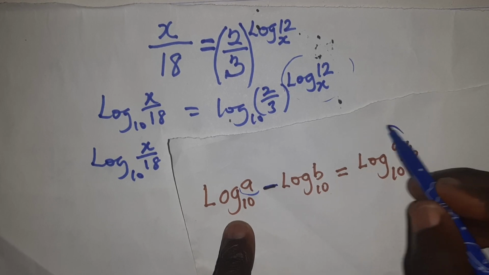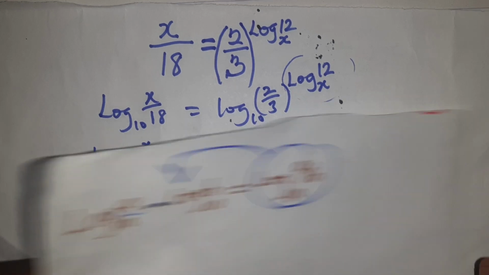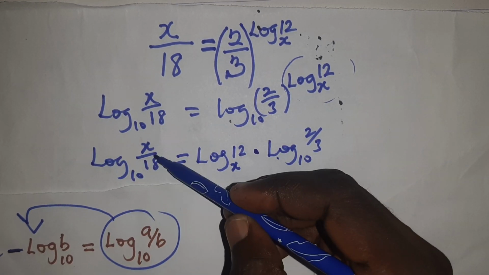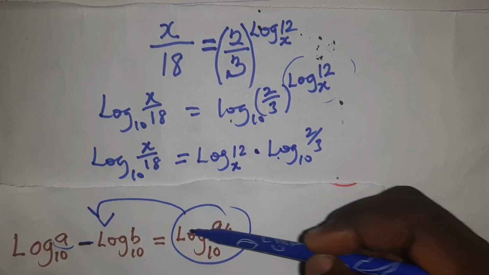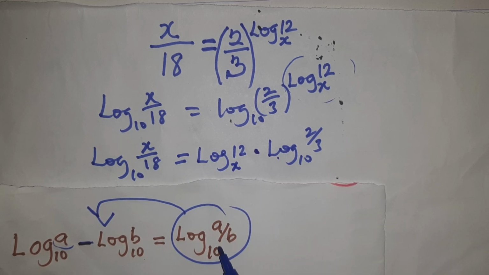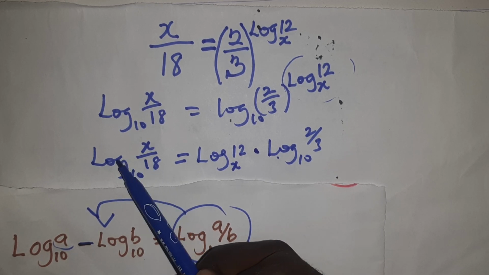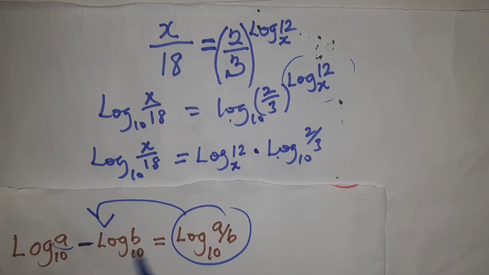So we're going to reverse this back to something like this. So this and this are in the same pattern: log a over b, this is log x over 18 base 10. If log a over b can be reversed back to log a base 10 minus log b base 10, I'm going to do the same thing here. This one becomes log x base 10 minus log 18 base 10, exactly what was done here.